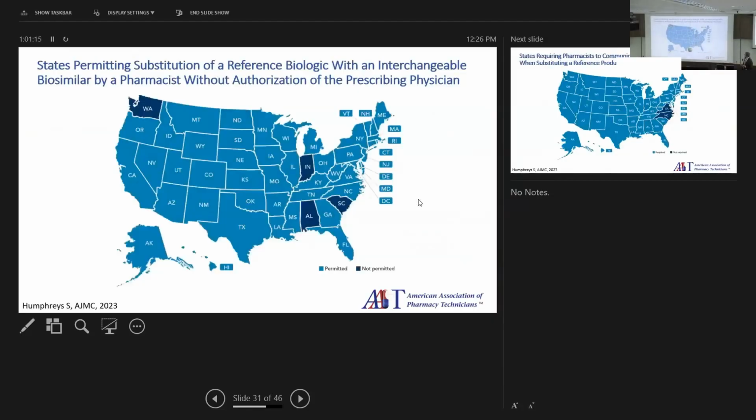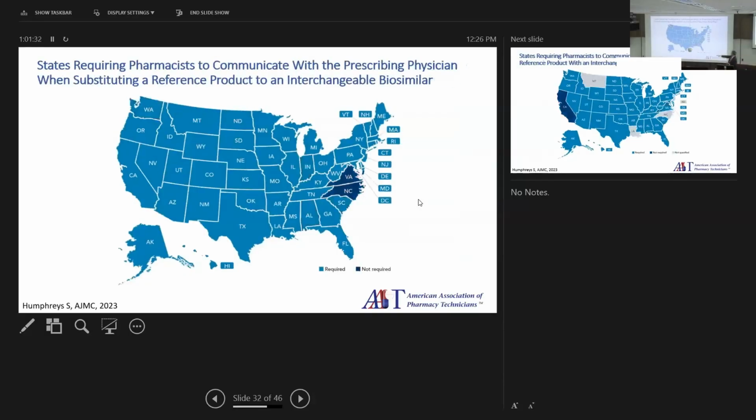So in Colorado, for example, we could make a substitution without authorization by the prescriber that wrote the prescription for the Glargine or the Lantus, but we are required to at least notify them.